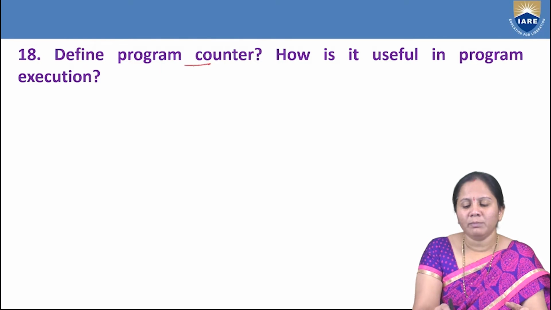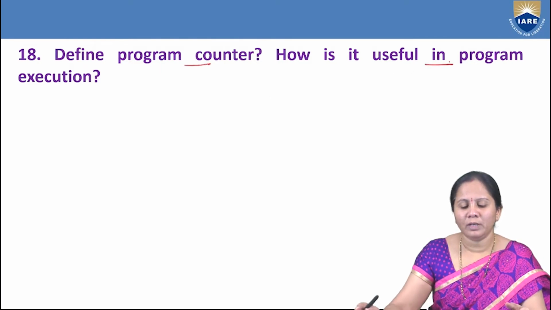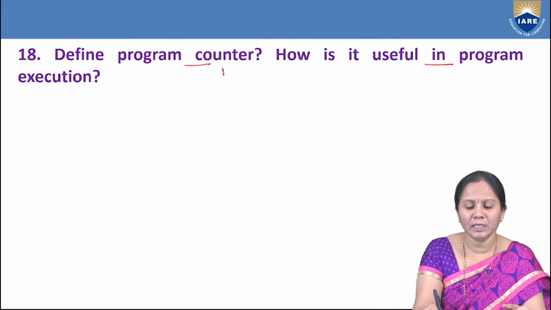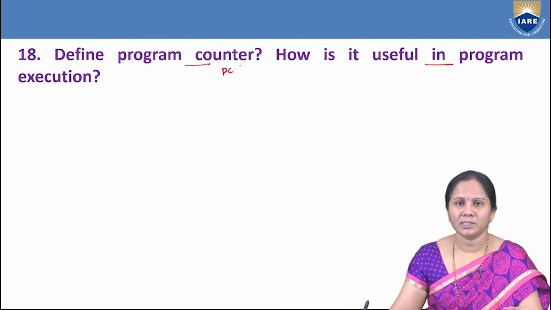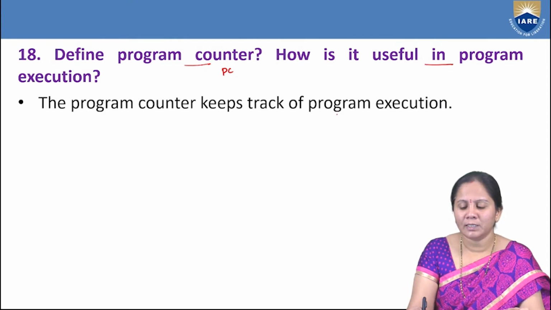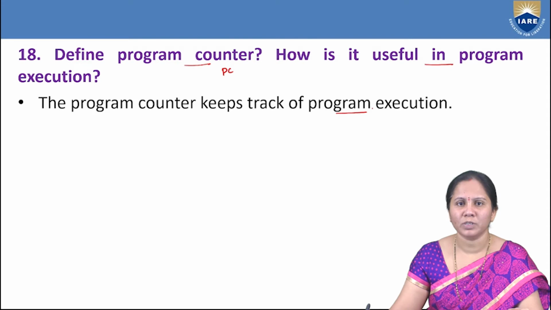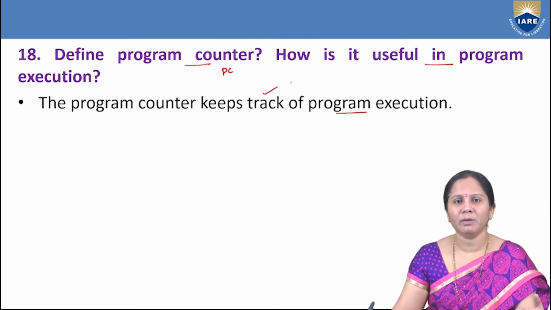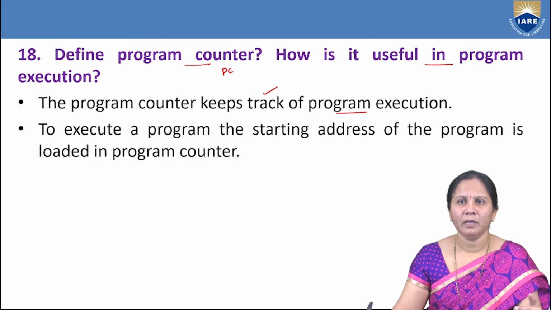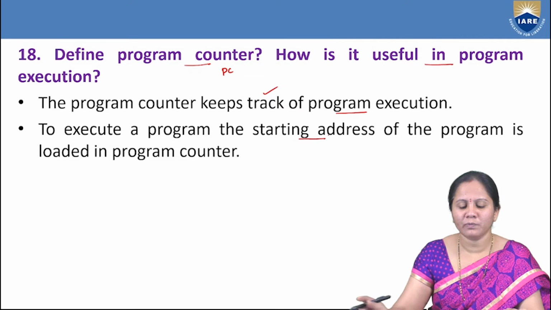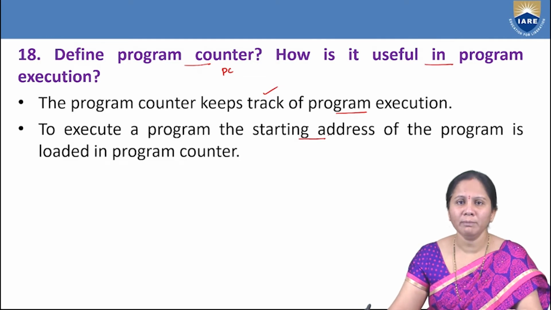Define program counter and how it is useful in program execution. Program counter means PC. It is a register. The program counter keeps track of the program execution, so it sees to it that the program executes in a sequential manner. To execute a program, the starting address of the program is located in the program counter.